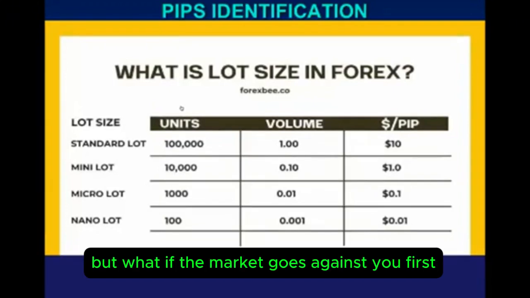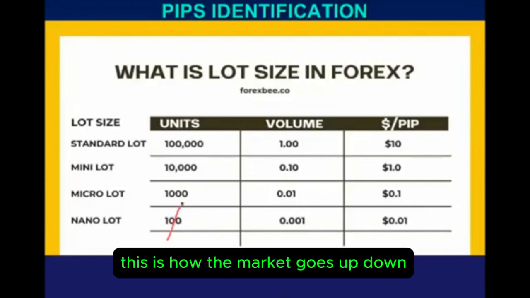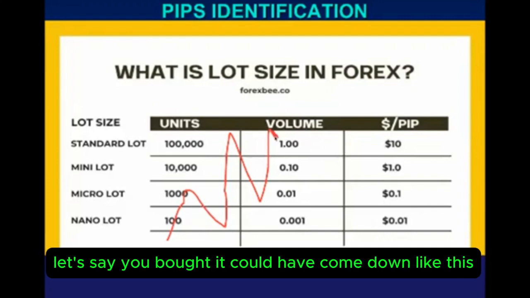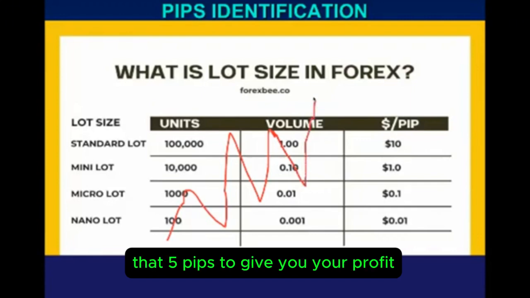But what if the market goes against you first? Remember, market does not go up straight. This is how the market goes: up, down, up, down, up. Before it goes up that 5 pips, let's say you bought, it could have come down like this up to 10 pips before it will go up that 5 pips to give you your profit.